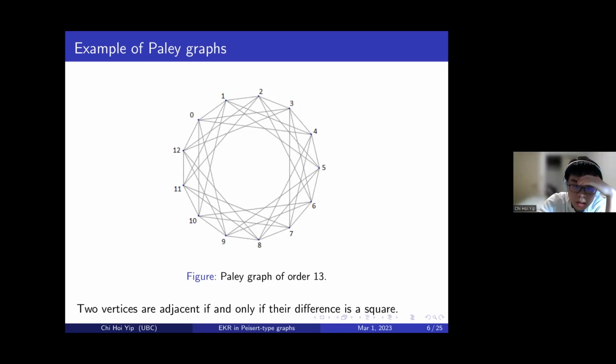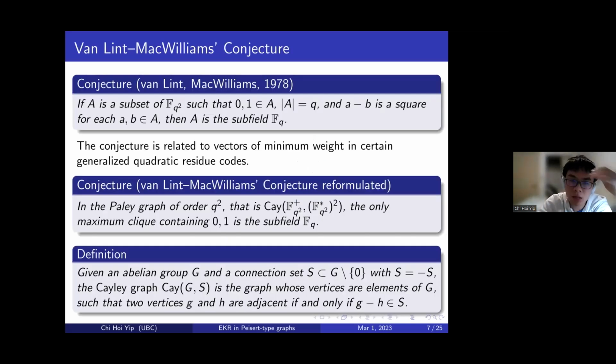The story of the EKR theorem for Paley graphs really starts from a paper in coding theory by Van Lint and MacWilliams. Their paper studied certain optimal codes, in the sense that they want codes with minimum weight, and their code is related to quadratic residues.